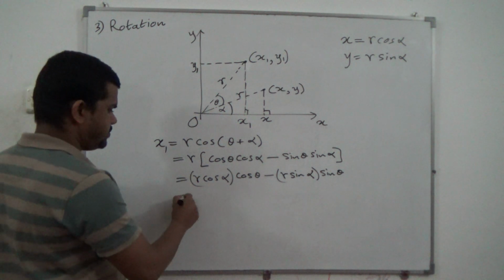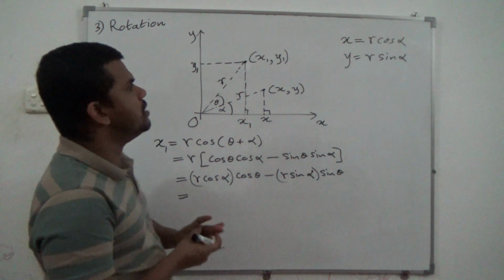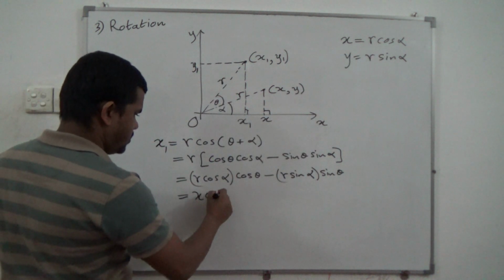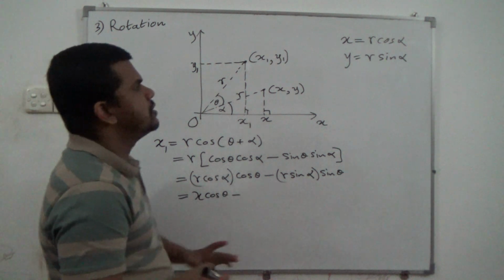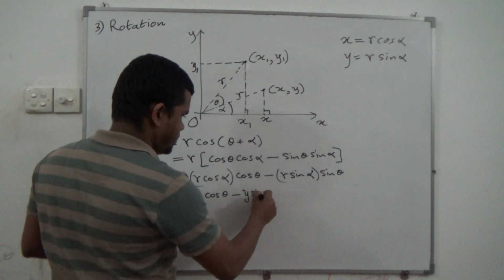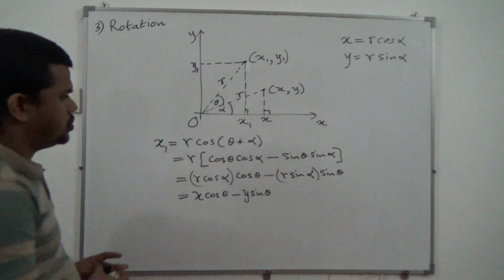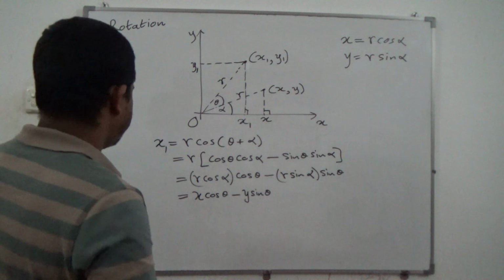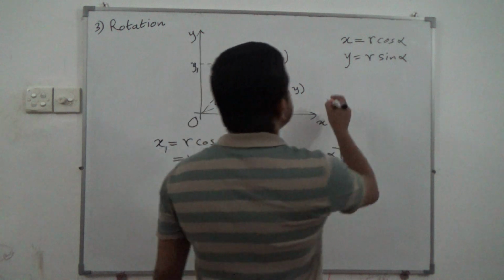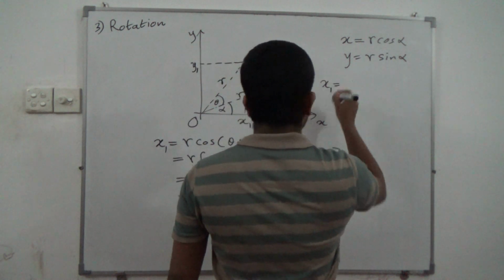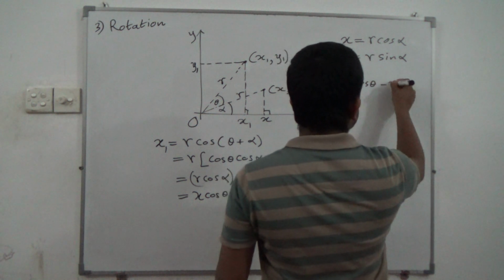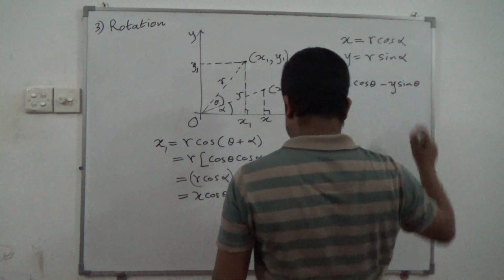Now here r cos alpha means x, cos theta, minus r sin alpha means y sin theta. So we got this. Therefore x1 means x cos theta minus y sin theta.